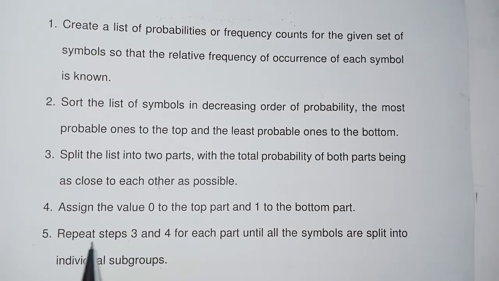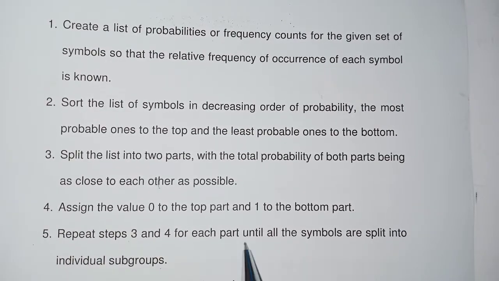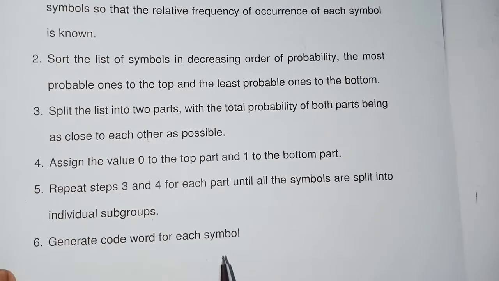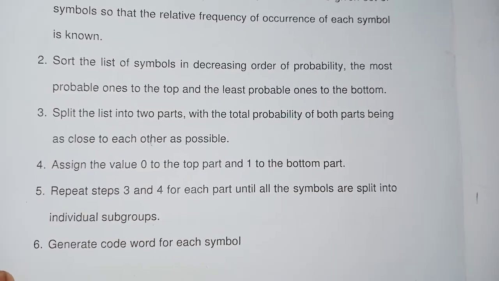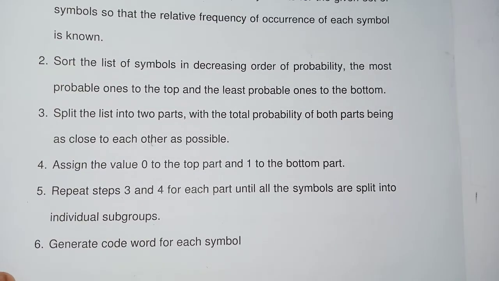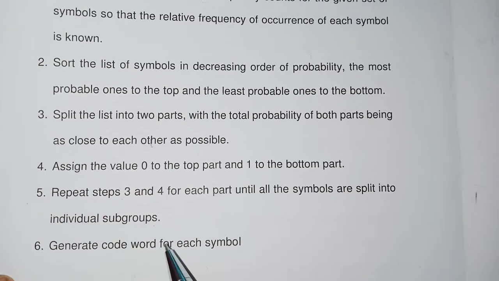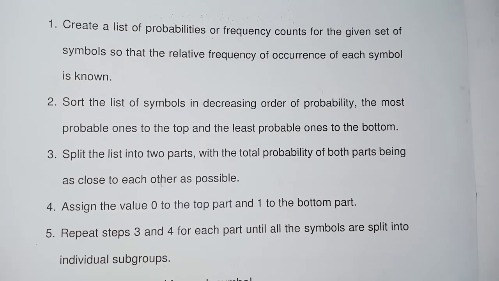So repeat steps 3 and 4 for each part until all the symbols are split into individual groups. Once we do that, the last step is to generate the code word for each symbol. These are the steps involved. So let's solve a problem for Shannon Fano coding.